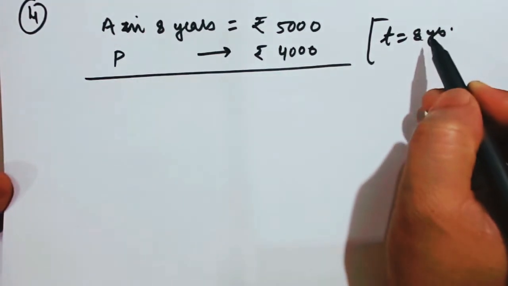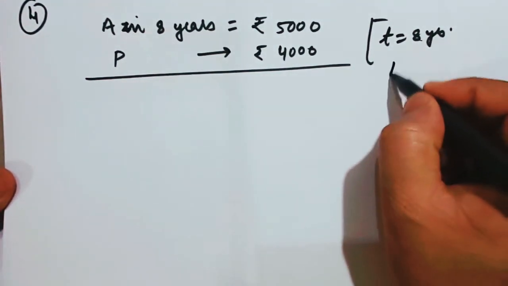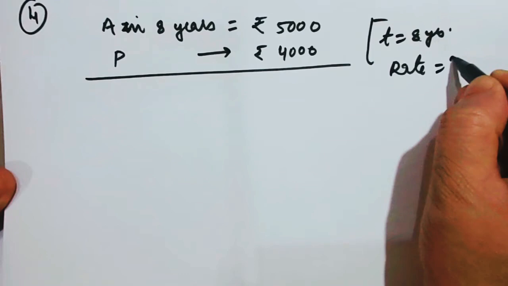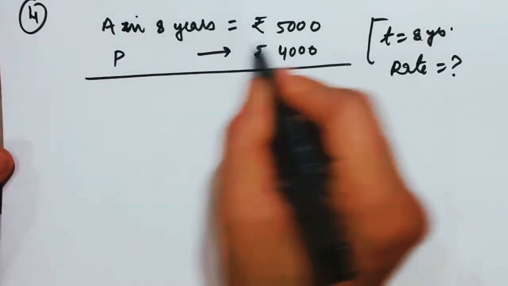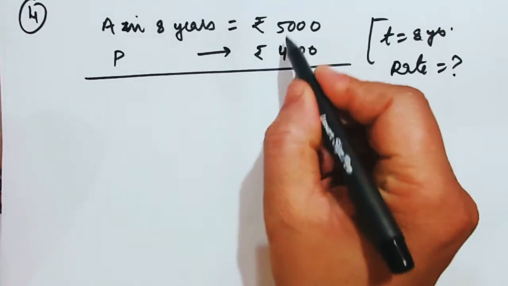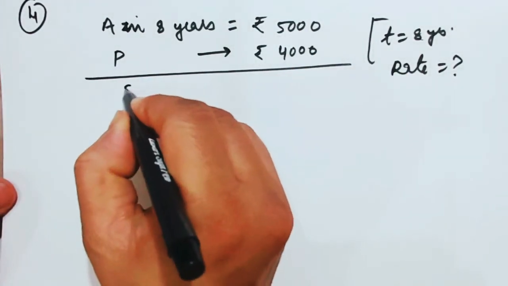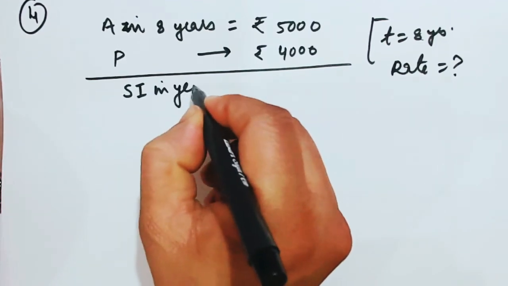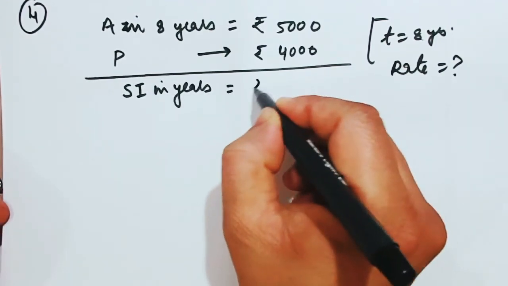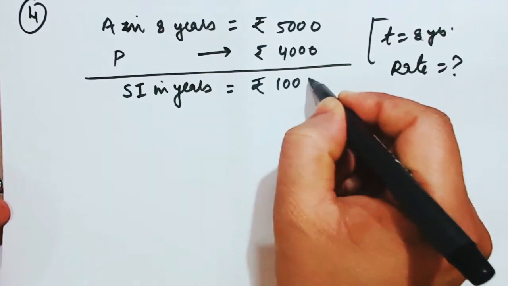Our priority is to find out the rate first, isn't it? You will have to find out the rate. When you subtract the principal from the amount, the simple interest in 8 years is equal to rupees 1,000.